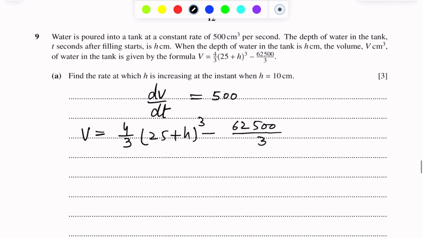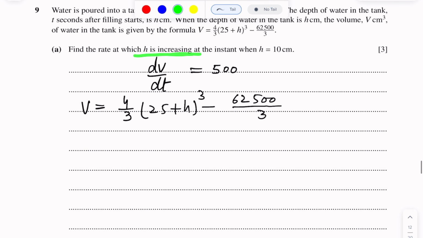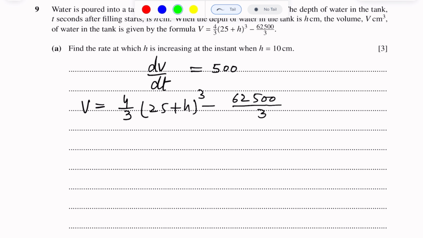We have to find the rate of increase of h. This means that we have to find dh over dt.